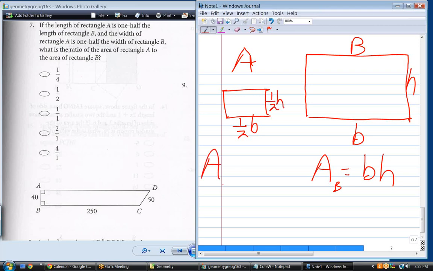What's the area of rectangle A? 1/4 BH. Right, 1/4 BH. So the ratio of rectangle A to rectangle B is 1/4 BH over BH, which is 1 to 4.